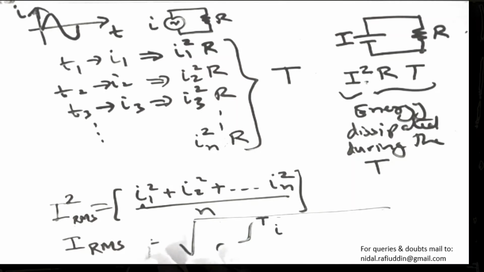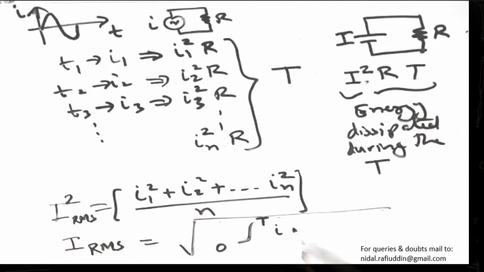So we have these values I1 square plus I2 square. So the addition is being replaced by the integral term. So this will be i square dt. This is simple calculus that you already have been studying, how you replace these summations by an integral if the curve is shifted from discrete to continuous time.